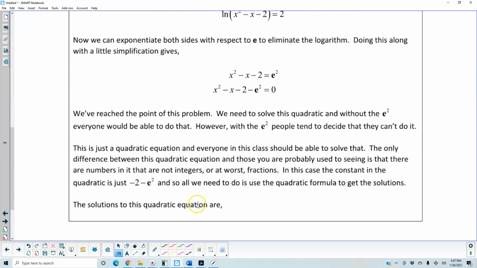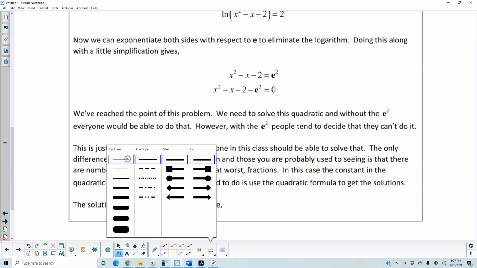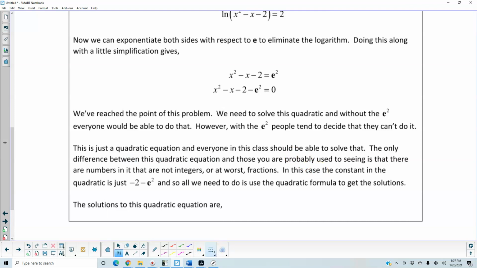So the solutions to the quadratic are the following. Let me repeat here. If we're going to use the quadratic formula, the value of A is going to equal 1, the value of B is going to equal -1, and the value of C is going to equal -2 - e².